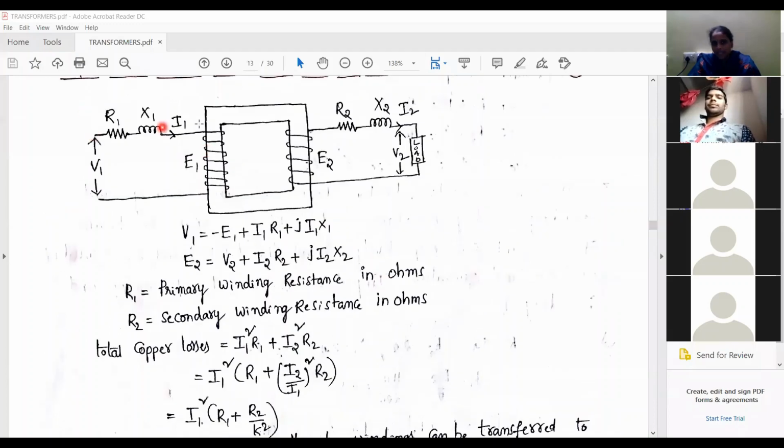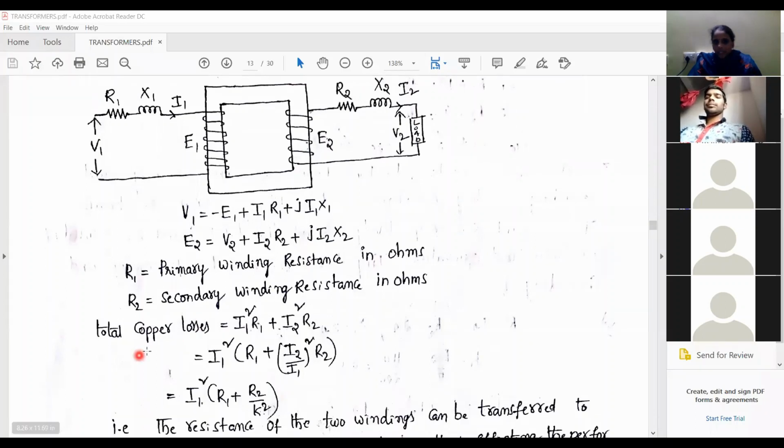The copper loss is present both on the primary side and the secondary side. Now I am writing the total copper loss. Total copper loss is primary side copper loss plus secondary side copper loss. Primary side copper loss is I1 square R1 and secondary side copper loss is I2 square R2. This is your total copper loss.